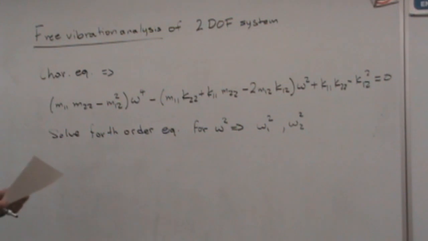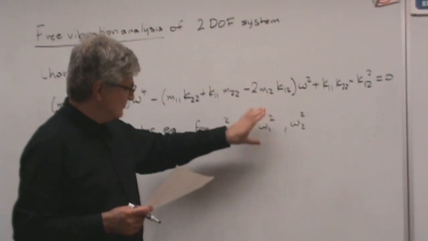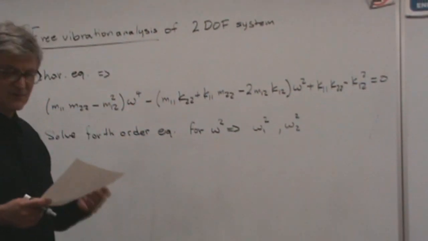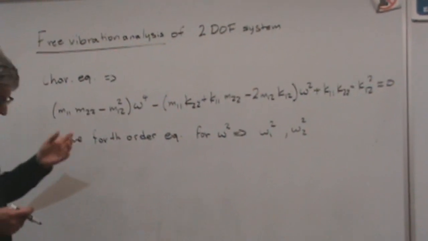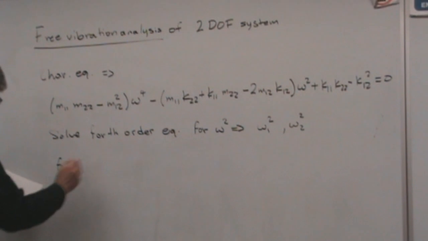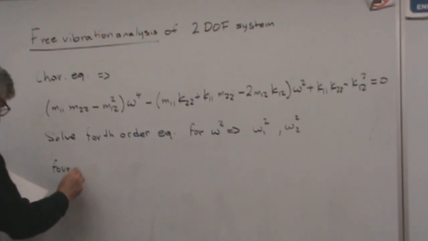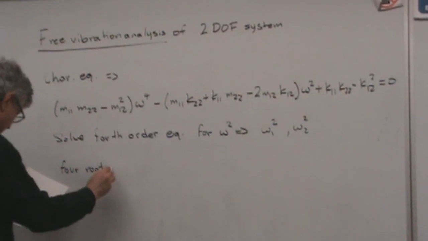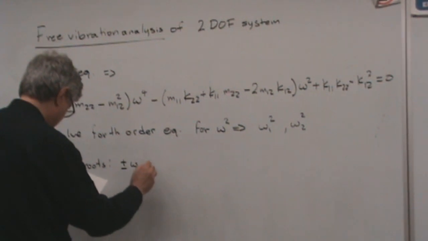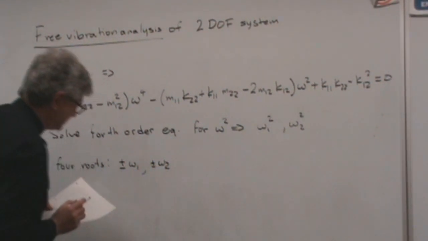So you find omega 1 squared, omega 2 squared, and then you take the square roots to find the solutions to this equation. If you take square roots of this, you have 4 roots, which are plus and minus omega 1 and plus and minus omega 2.